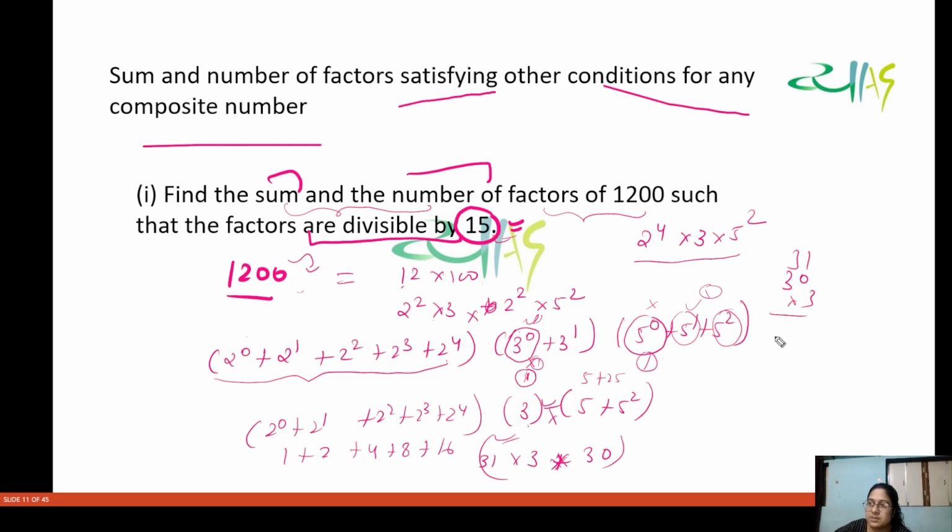So this will become 90, and 90 into 31 is 2790. So the sum of the factors which are divisible by 15 is 2790. So this is that easy if you are able to understand the concept.